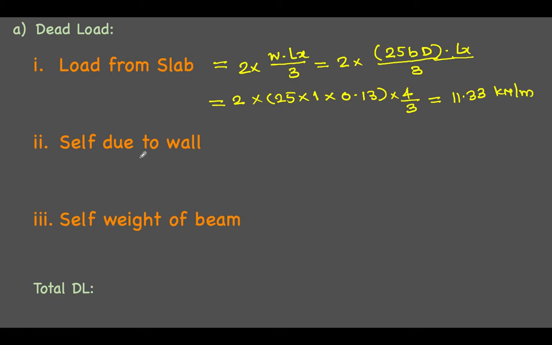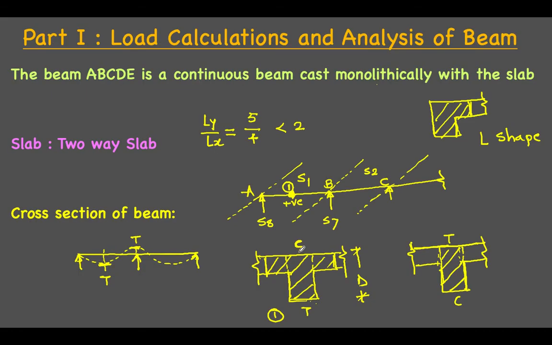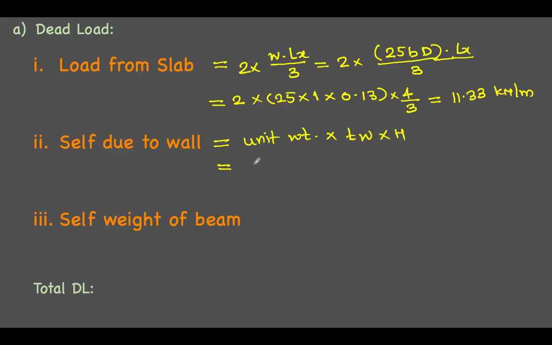Now we have to find out load from wall. So again on the same line, we have to consider unit weight of masonry into thickness of wall into height of wall, since we also want this as per running meter length of beam. We are given unit weight of masonry as 20 kilonewton per meter cube, thickness of wall is 230 mm and height of wall is 3 meter.